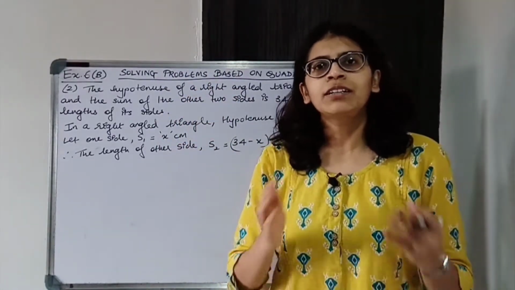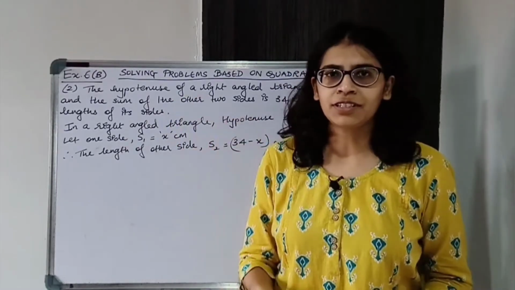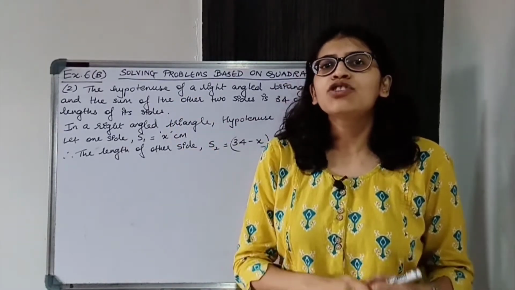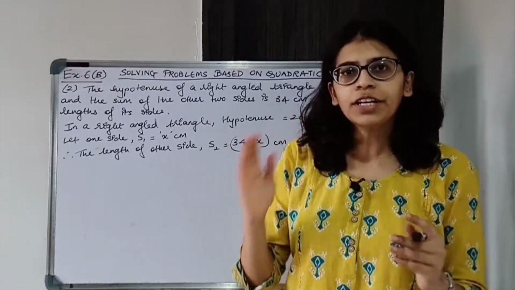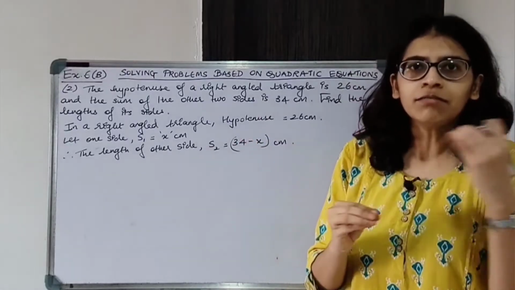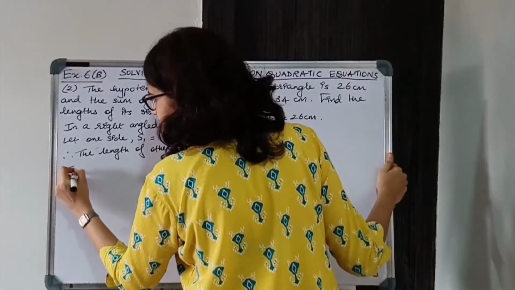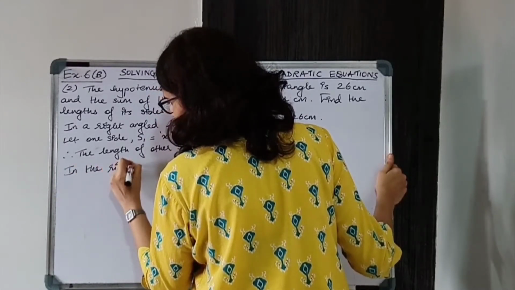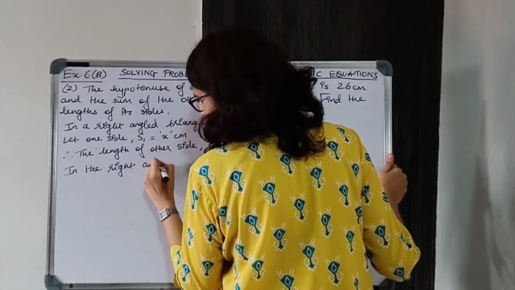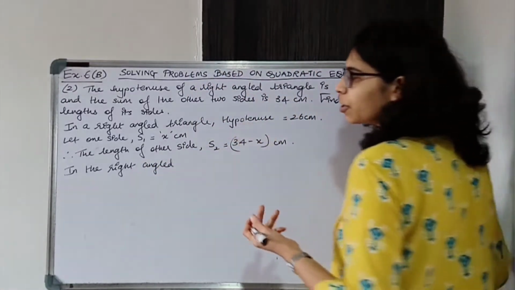So we know that in a right angle triangle, side 1 square plus side 2 square is equal to hypotenuse square. Okay, so your condition is not given, we have to make the condition. According to the given information, you can apply some condition. So in the right angle triangle, over here the condition is not given, so we won't write according to the given condition.